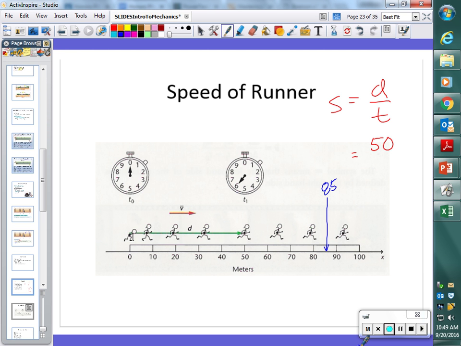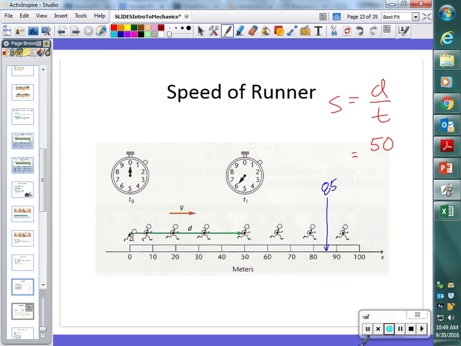Henry, 85 has how many significant digits? 2. And that means if we're going to use this ruler to measure something else, how many significant digits do our measurements have to have? 2. It appears that this girl is right on the 50-meter mark. But if we just write 50, how many significant digits is that? That's only 1.